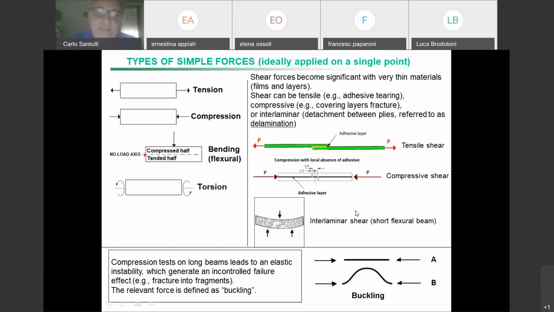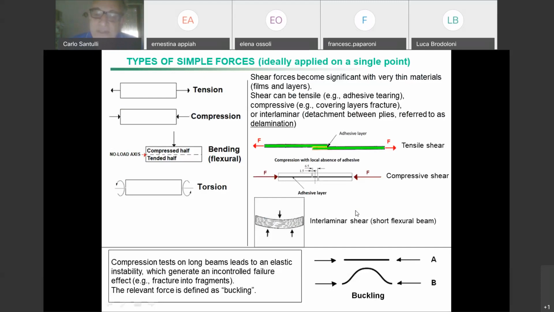Then you can have some other situations, some other forces which are not a simple force, but they are important anyway.